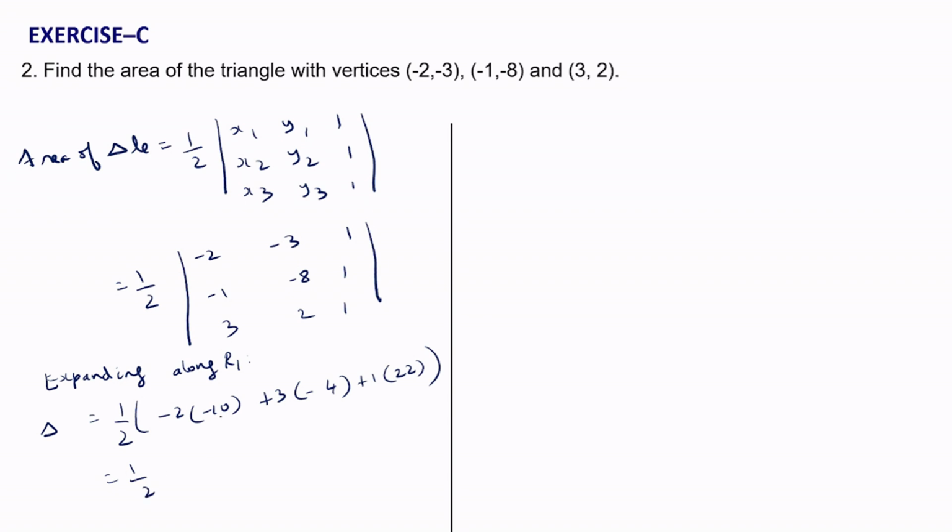So this is half of 20, 20 minus 12 plus 22. So it is 30. This is equal to 15. So area of the triangle equal to 15 square units.